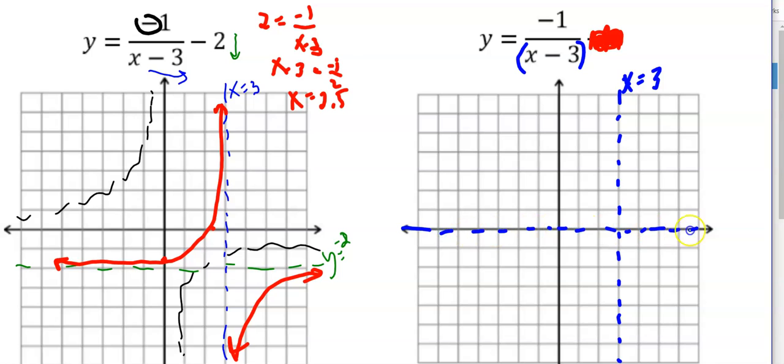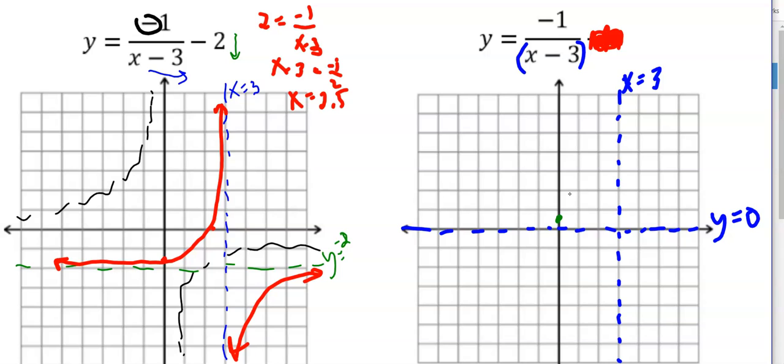The reason it's not at the same place as the one on the left is because that one moved everything down 2, so their asymptote is down 2 on that one. And the intercepts, y-intercept would be, if you plug in 0 for x, positive 1/3, right about there.